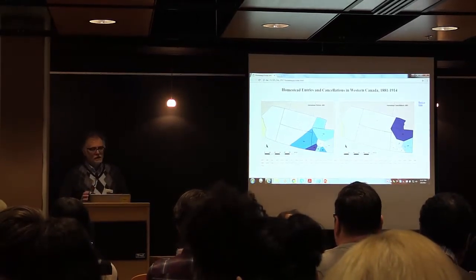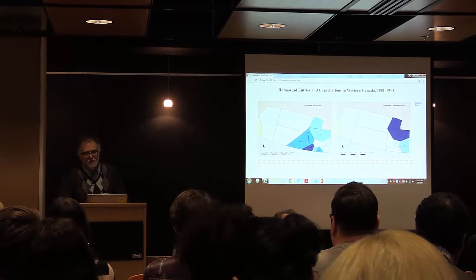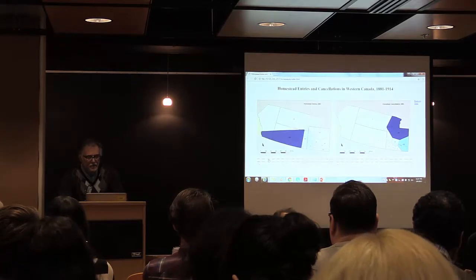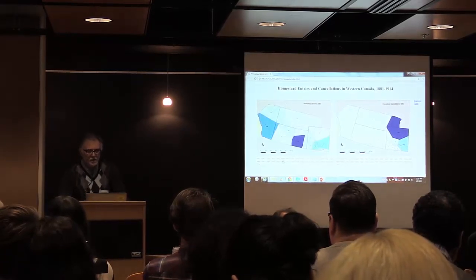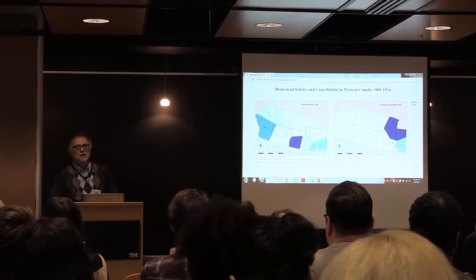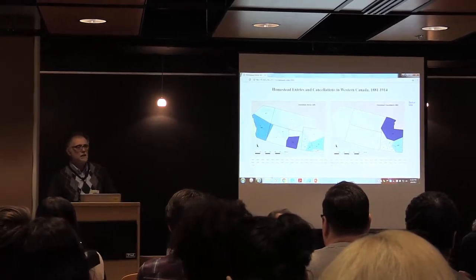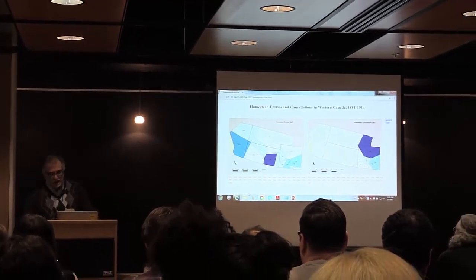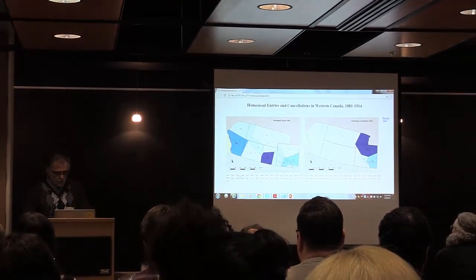So I can play with both maps and see year by year. The dark blue is the highest number of entries or cancellations, and the lighter blue is the lower number of entries and cancellations.